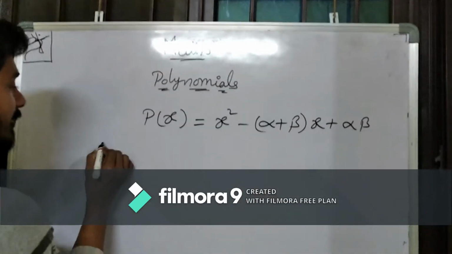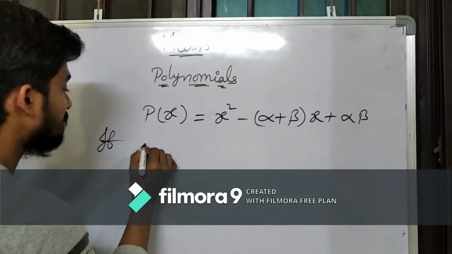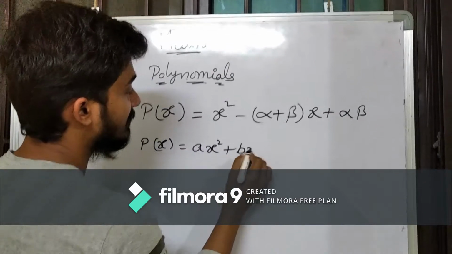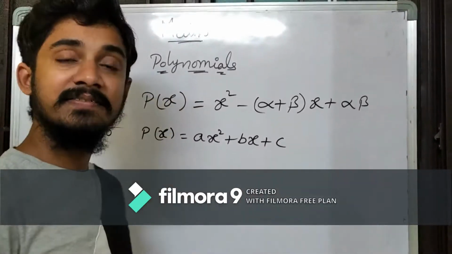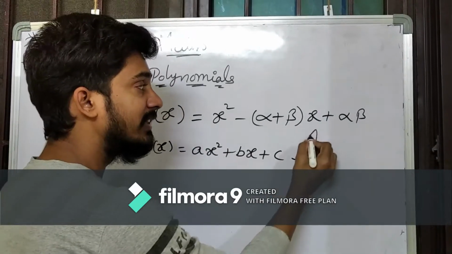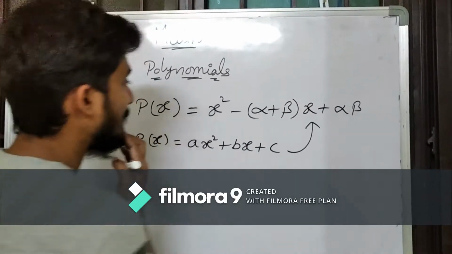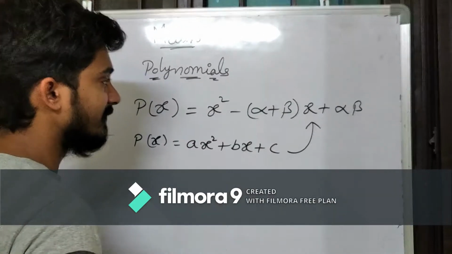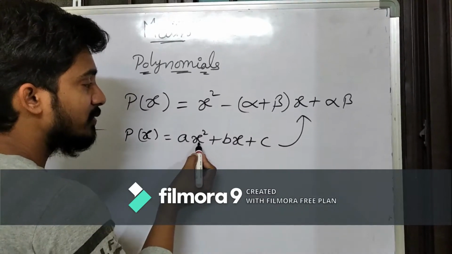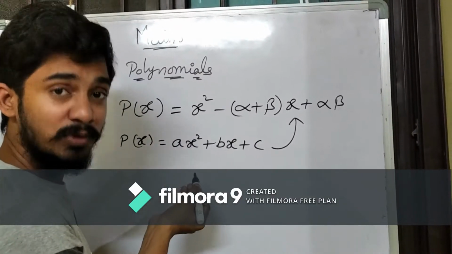If the general equation of a quadratic polynomial is p of x equals ax square plus bx plus c, compare the general form of a quadratic equation with the given equation. First you have to make the coefficient of x square as 1.